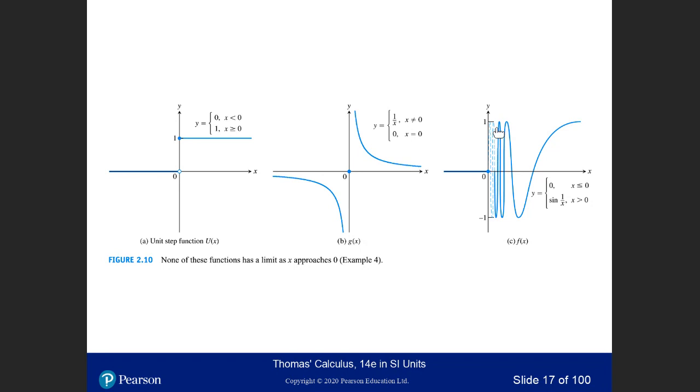So if it oscillates too much, it's difficult to find the limit. It's impossible, actually. So this function oscillates too much, this function grows too much, and this function has a jump at x equal to 0. So all these three functions do not have limits at x equal to 0.